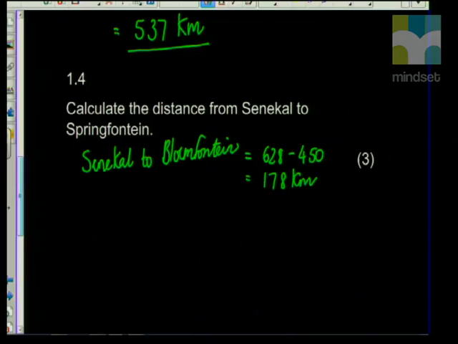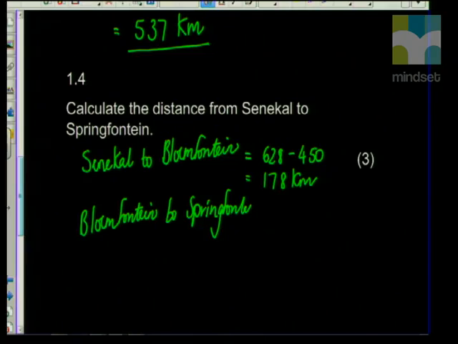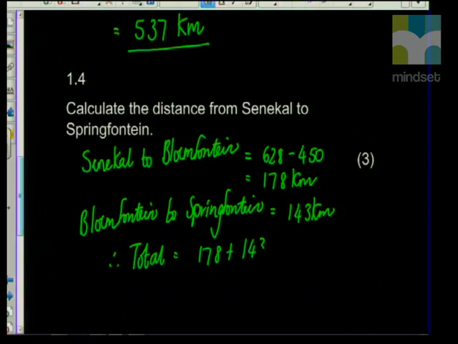I then had to go from Bloemfontein to Springfontein. Which would be 143 kilometers. Therefore, total is equal to 178 plus 143 kilometers, giving me a grand total of 321 kilometers.